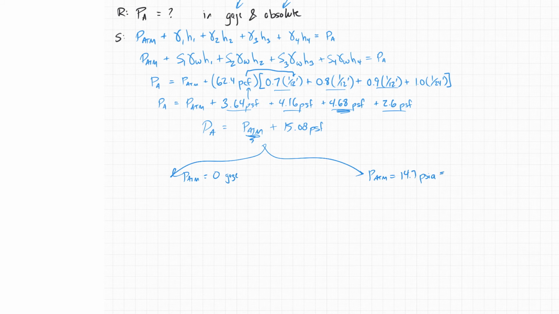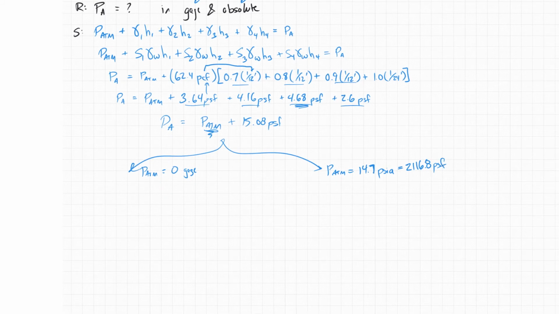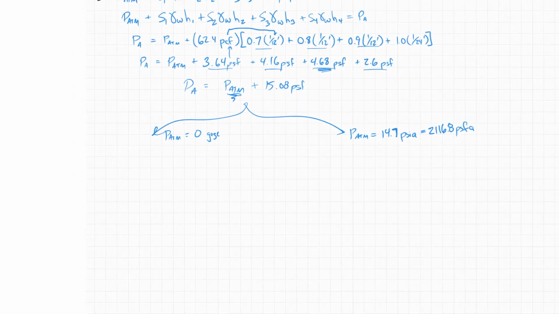Or if you wanted to, we can convert that by multiplying by 144, and we get 2116.8 PSFA. We're doing that, noting that all we're saying here is that the pressure at A is 15.08 PSF higher than the pressure in the atmosphere.